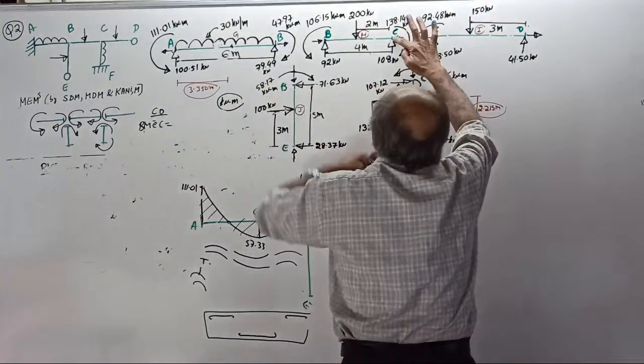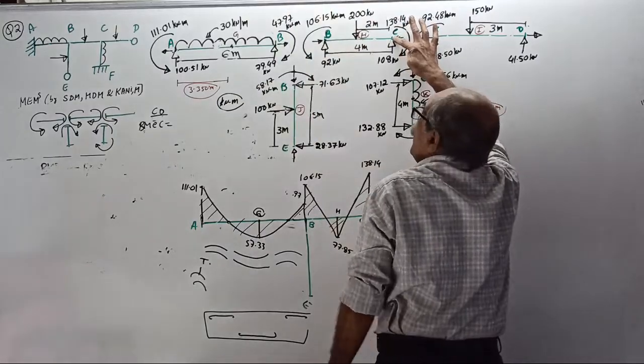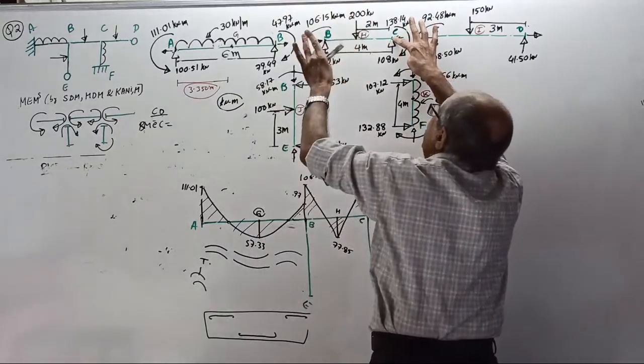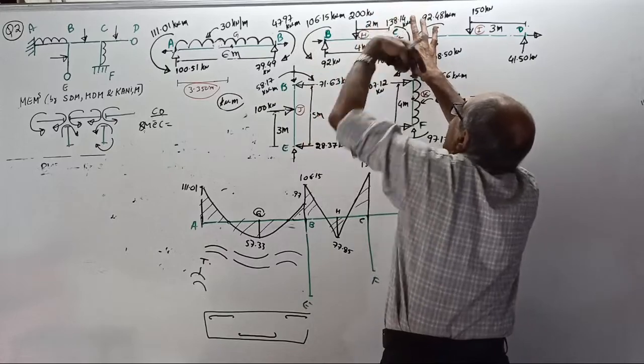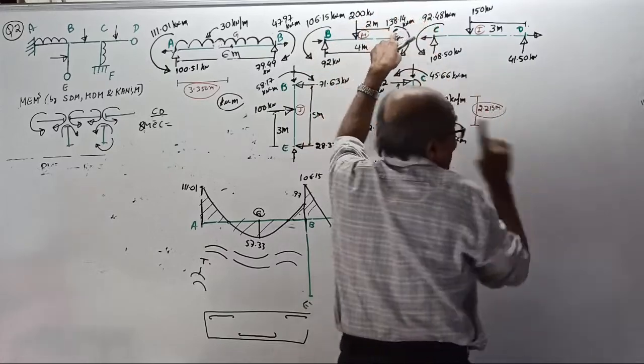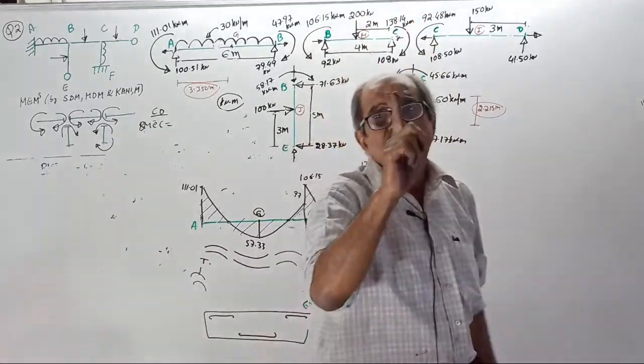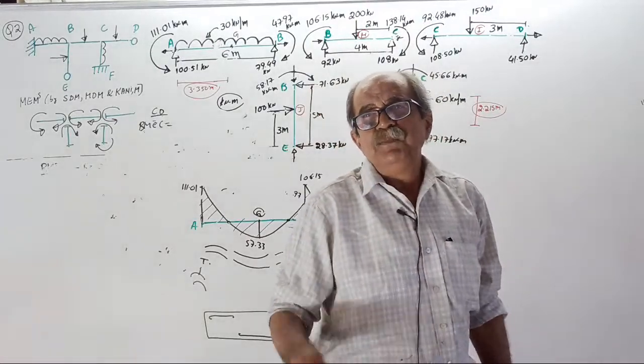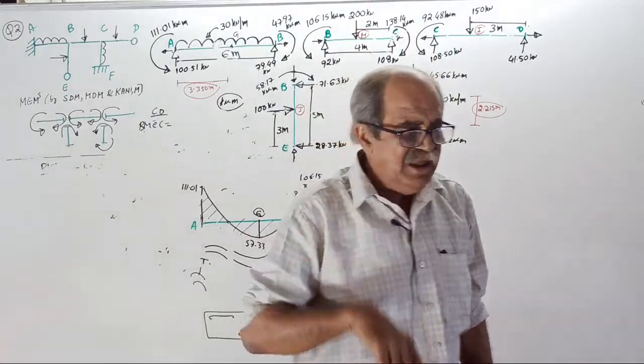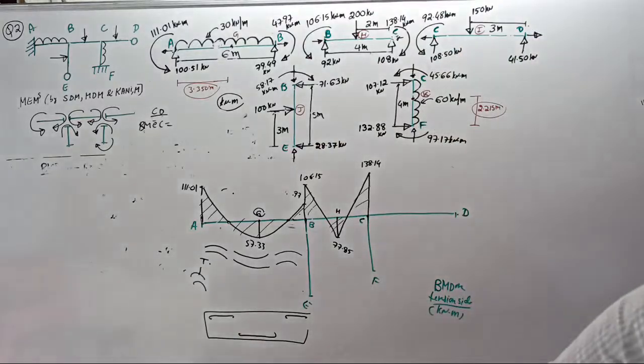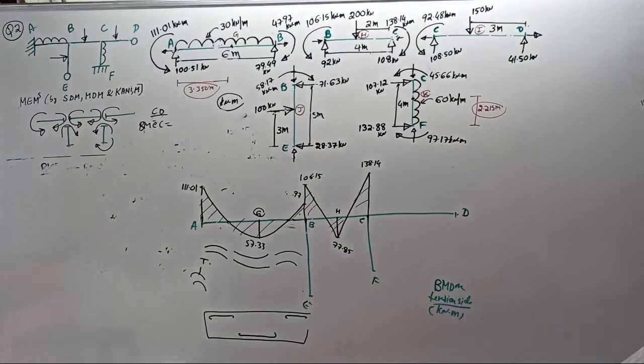Calculate: minus 106.15 plus 92 into 4 minus 200 into 2. Tell me, same value will come or not? Don't calculate. If you have confidence in me, tell me. If you calculate, you don't believe me.